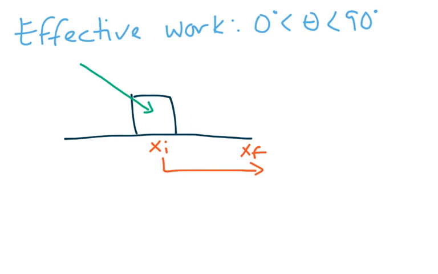That force ends up having an x component and a y component, right? So it's somewhere in between. So this is where we're going to get a cos value of anywhere between 0 and 1. So it's not the maximum amount of work it can be, but it's better than nothing.